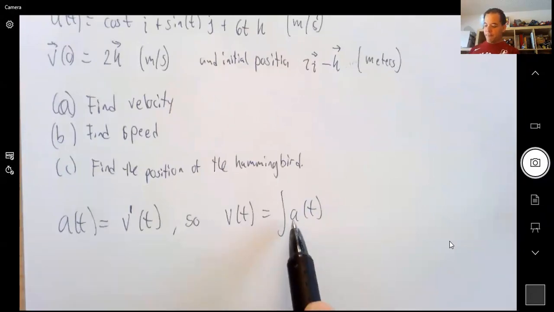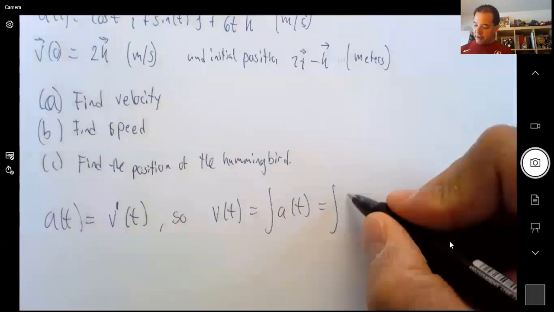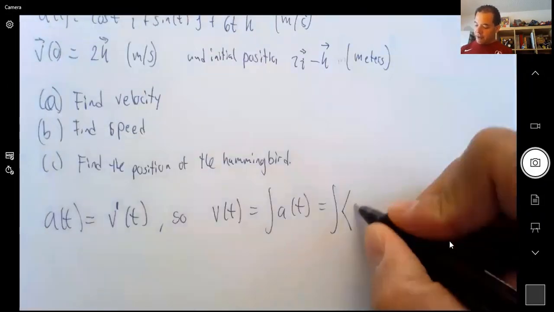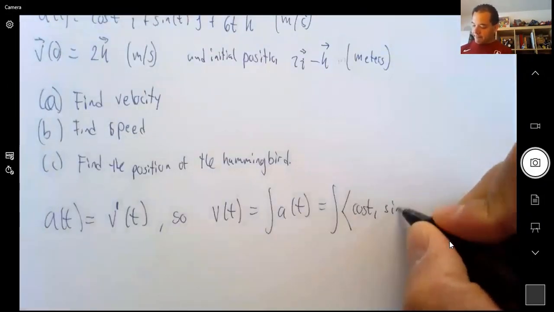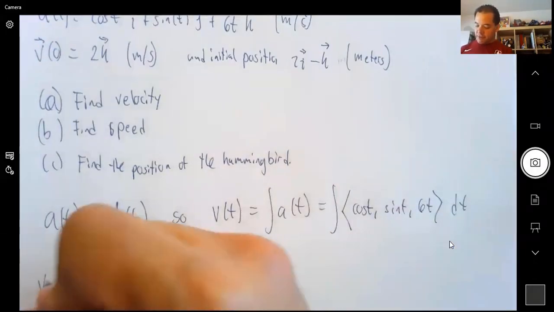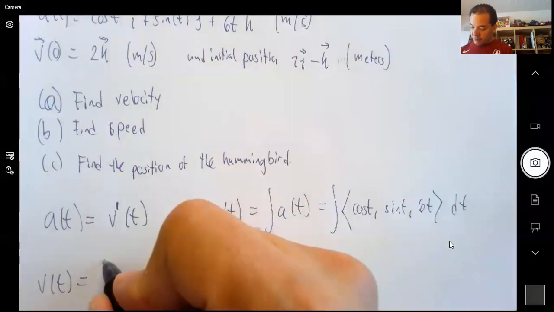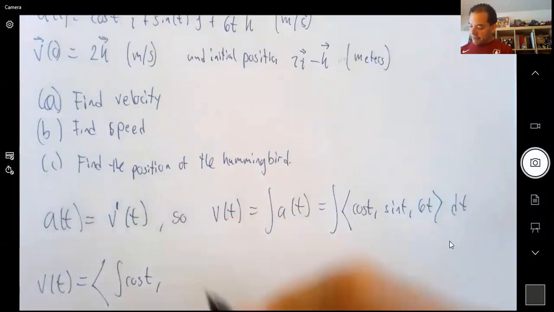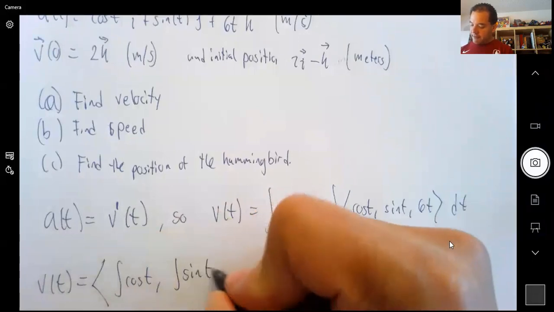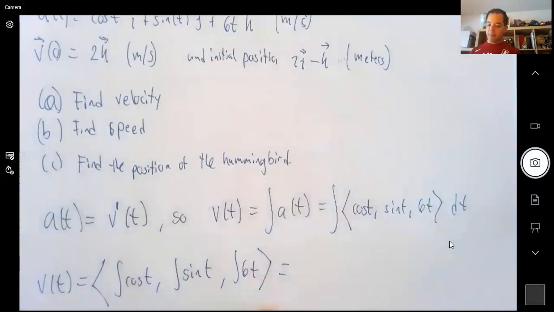To get the velocity, we need to integrate the acceleration. What is the acceleration? We have it right here. I'm going to write it in vector form: cosine t, sine t, 6t. So we integrate piece by piece.